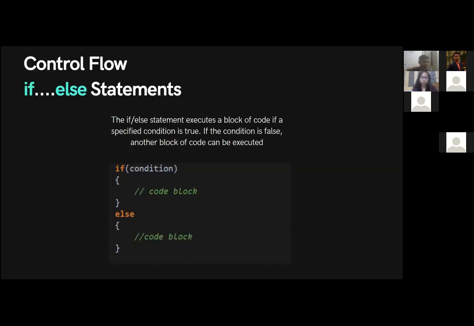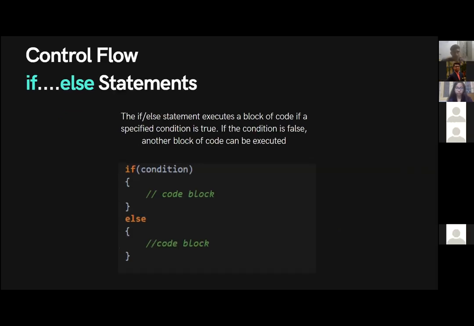Let us go to the syntax for other stuff like control flow. Let us go to the if-else statement, which is a pretty basic control statement of every programming language. The if-else statement executes a block of code if the specified condition is true. If the condition is false, it's going to execute the else statement.